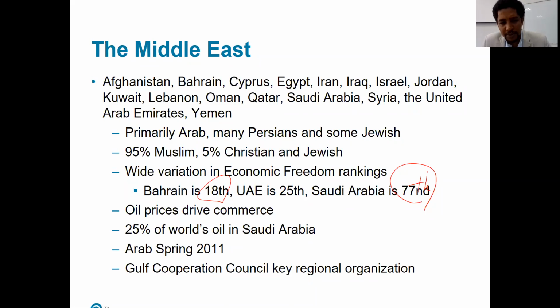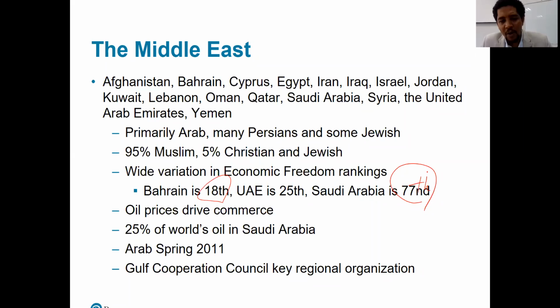And as you know, the Arab Spring started in 2011. That has hugely impacted the economy of most of these countries. For example, you can mention Yemen, which is still in big problem. You can mention Syria. You can mention Iraq. You can mention Iran, okay, and Jordan. Most of these countries were affected by the Arab Spring in 2011.